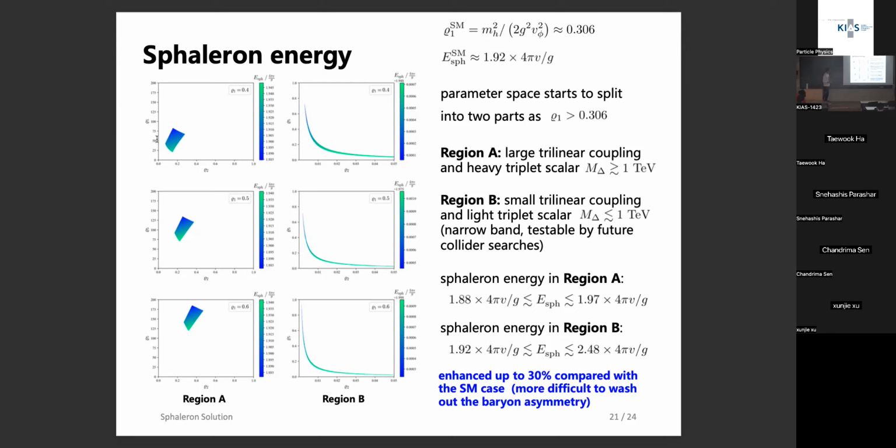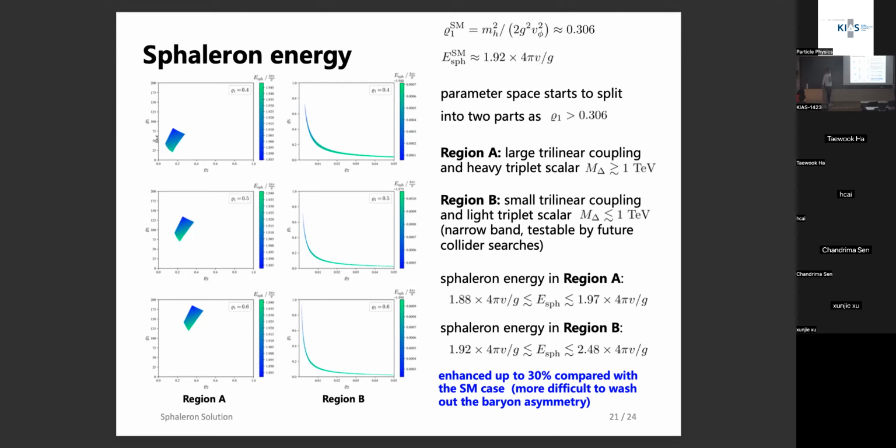In region A, it corresponds to larger trilinear coupling and heavier triplet scalar. Typically, the triplet scalar is heavier than about 1 TeV. While in region B, it corresponds to much smaller trilinear coupling and lighter triplet. The triplet should be typically lighter than about 1 TeV.